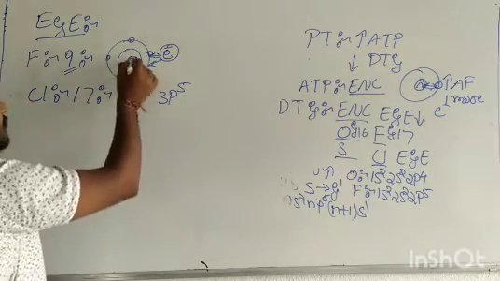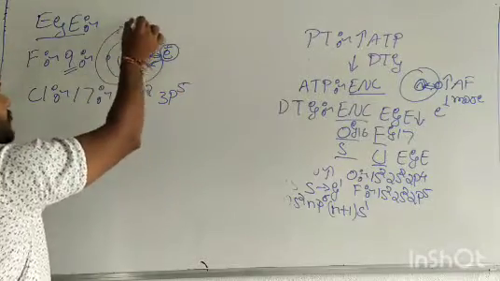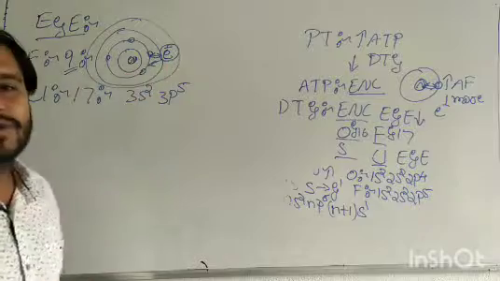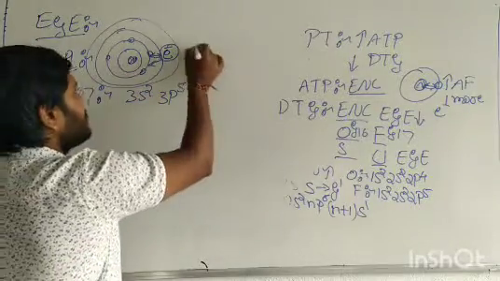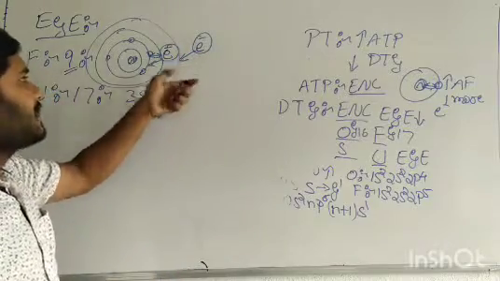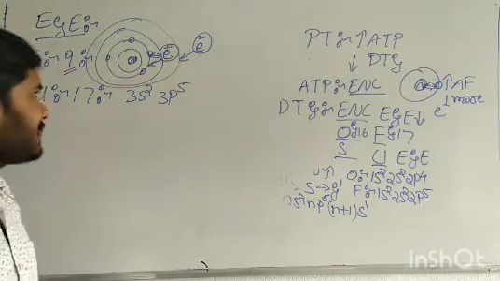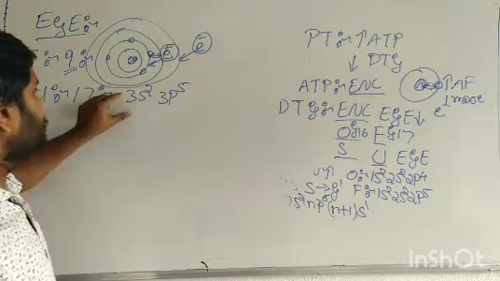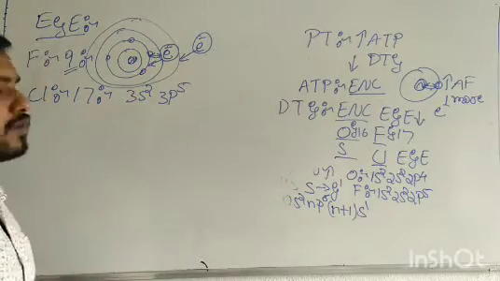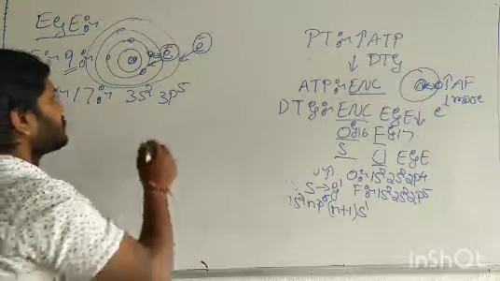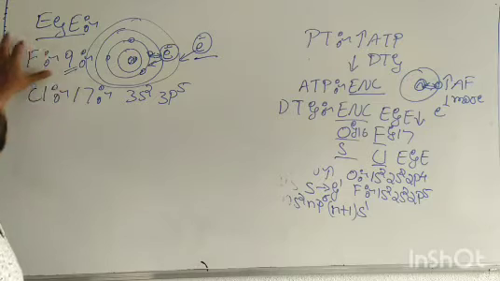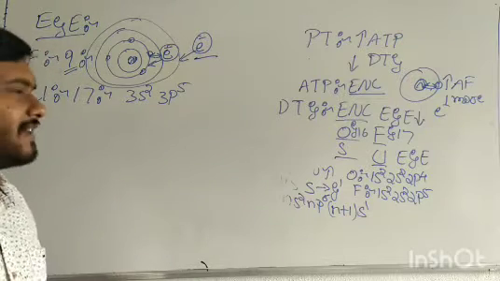That means these orbitals are far away from the nucleus, so there is less repulsion for the upcoming extra electron. The upcoming electron will feel less repulsion because the size of the orbital increases when we move from fluorine to chlorine, so the electron gain enthalpy of chlorine is more compared to fluorine. This is the reason.